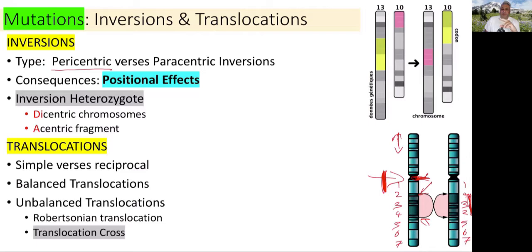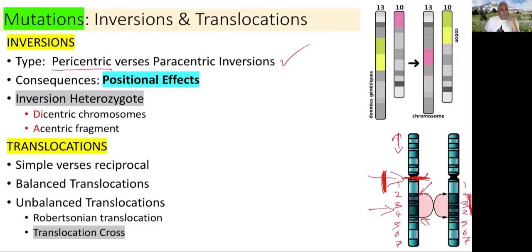So para means around, centric means centromere in this case, and peri means away from the centromere. So the example that's given here in pink would be a pericentric inversion, because it doesn't involve the centromere. So that's a simple explanation of that.